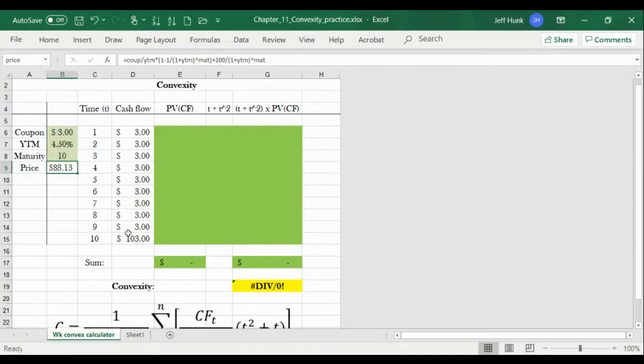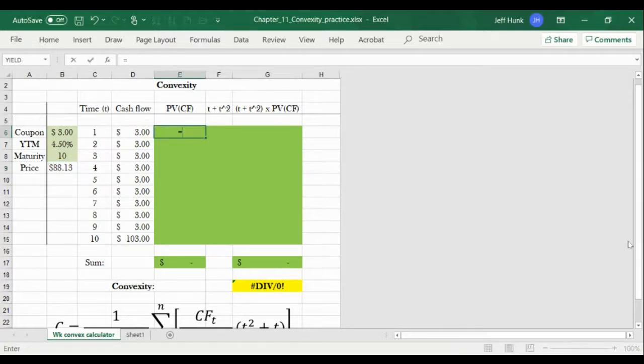That formula. So the cash flow is, I mean, this is actually $30, right? This is not $88. You all understand. This is $881.30. This is $30. Everything is a percentage of 1,000, right?